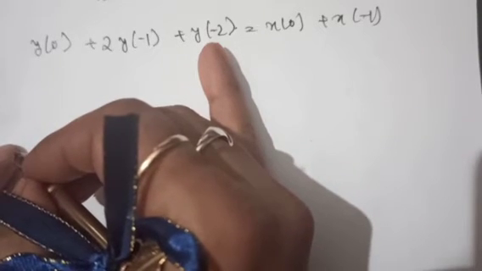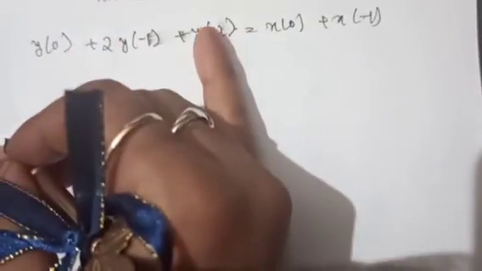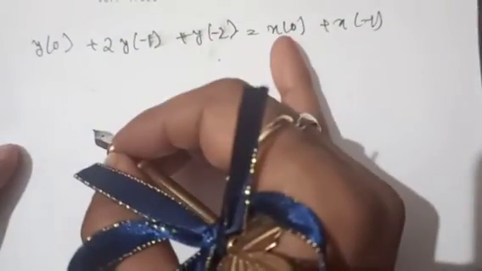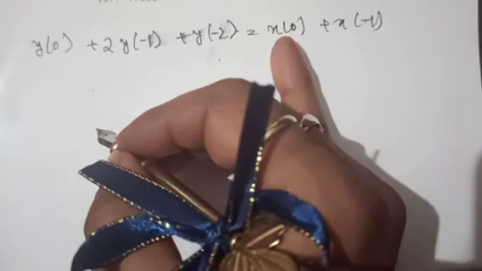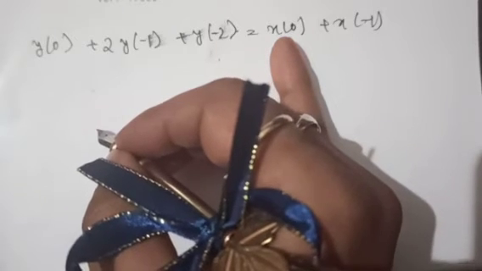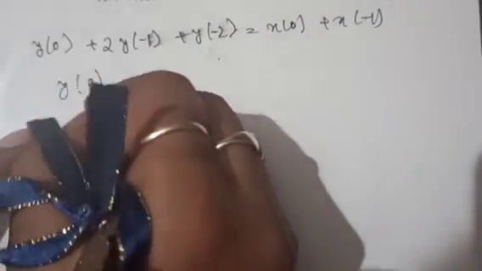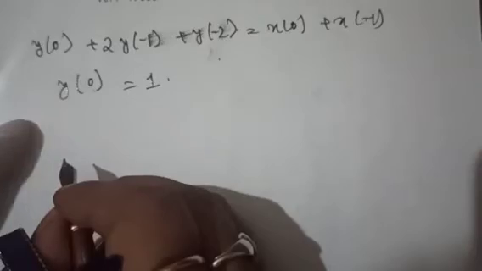Initially the system is relaxed. Then since the input is (1/2)^n, for n = 0 it is 1, and for n = -1 it is 0. Therefore y(0) is equal to 1.